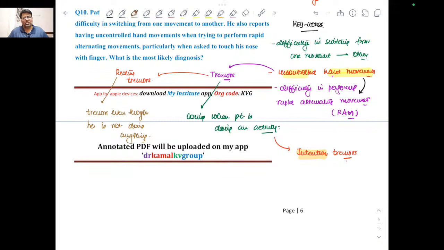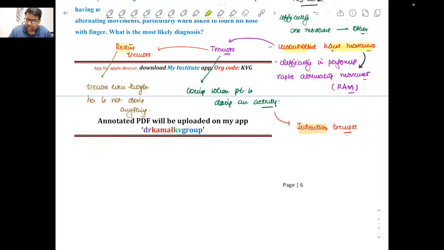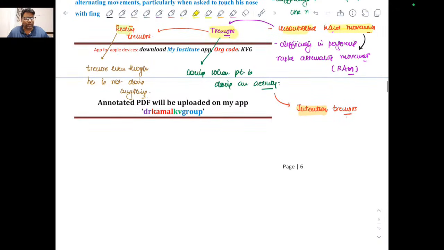He is not doing anything, sitting, but still the hands are shaking. So, this is known as resting tremor. And if the patient is doing something, then only the tremors are coming, it is known as intention tremors. Now, what are the conditions in which you will see intention tremor? What is the condition in which you will see resting tremors? I think for resting tremors, all of you must be knowing the answer.